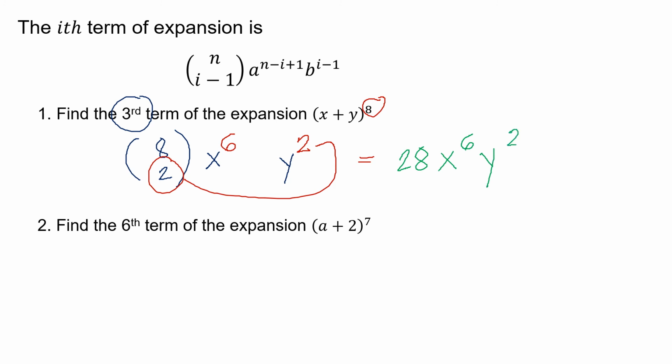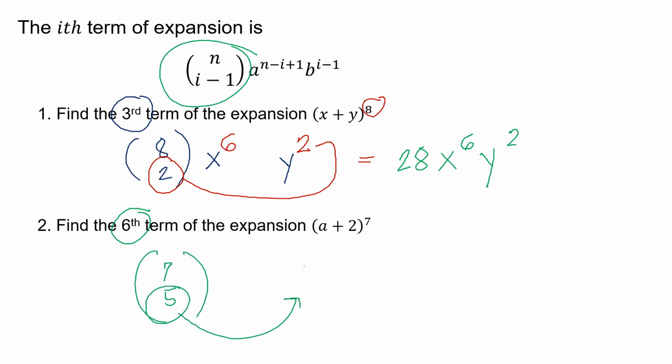On the second example, that is the sixth term, so ibig sabihin i is equal to 6. So that is 7 taken 6 minus 1 on the formula is equal to 5. So this 5 here will be followed by the second term 2, so this is 2 raised to 5. And the first term a, so 7 minus 5, you need 2 here, so that 2 plus 5 is equal to 7.